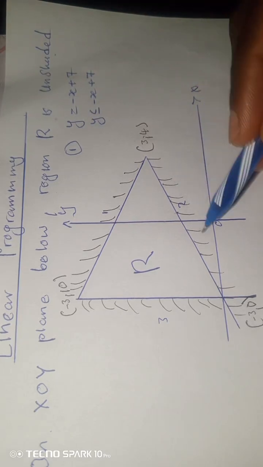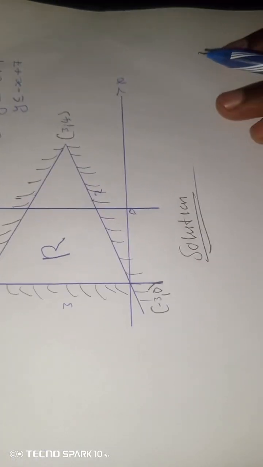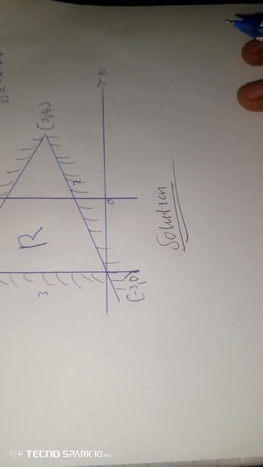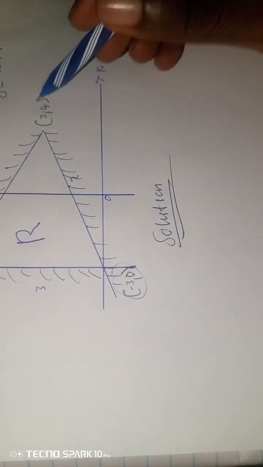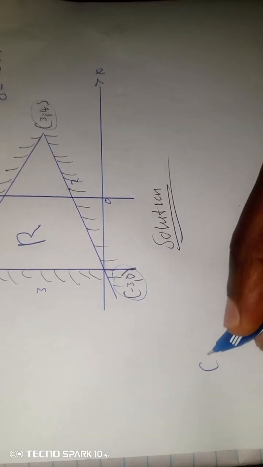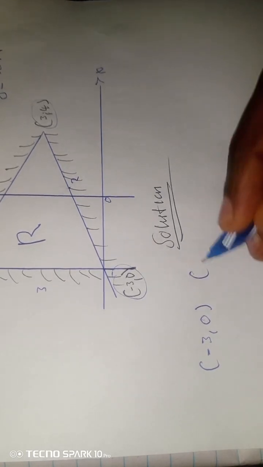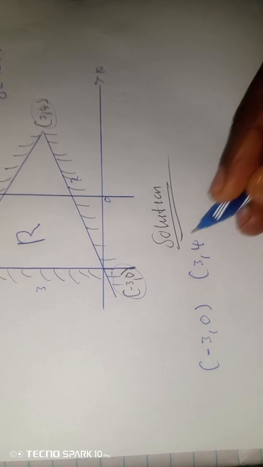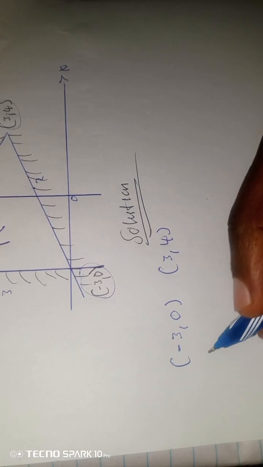So now let's try to look at this line for the one that we have indicated to be our 2. So I'll get the coordinate, this one and this one here. So it will be, say, (-3, 0) and (3, 4). So the first thing here is to calculate the gradient.